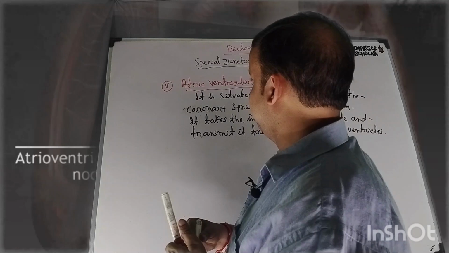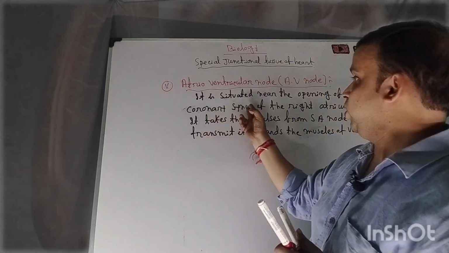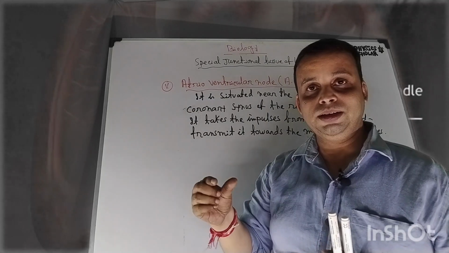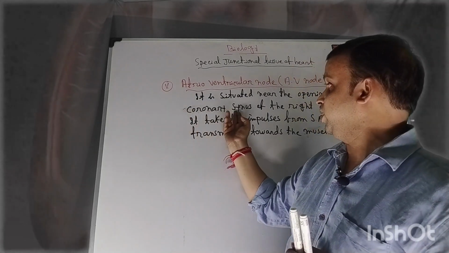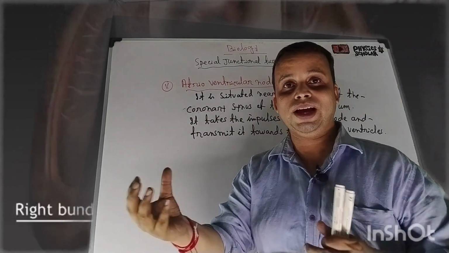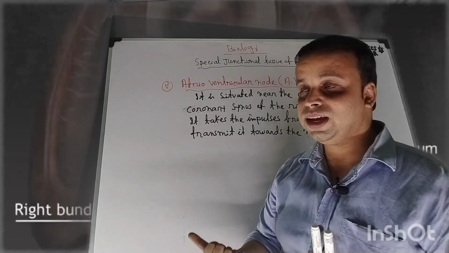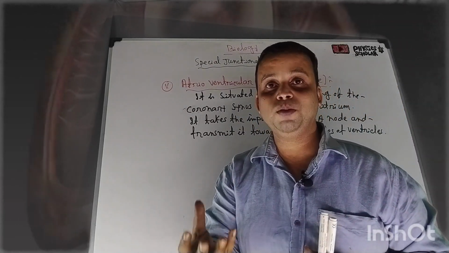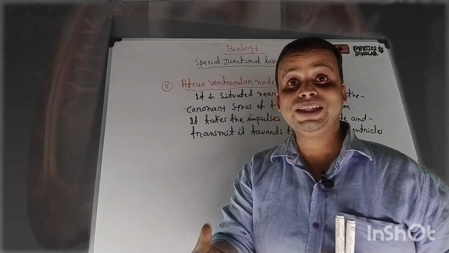Basically, let me explain what the coronary sinus is, which I discussed in the previous episode. From this coronary sinus, the impure blood from the heart muscles will enter the right atrium. Clear? So the right side of the heart deals with impure or more carbon dioxide mixed blood.